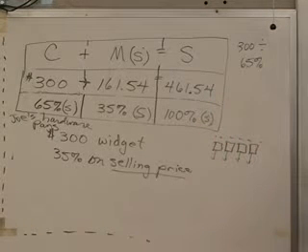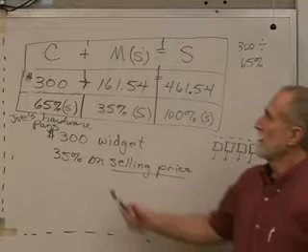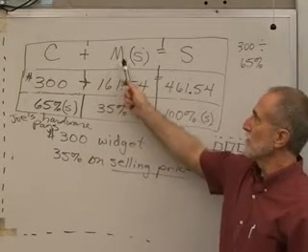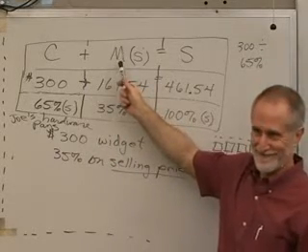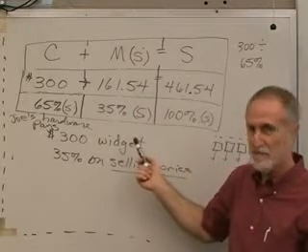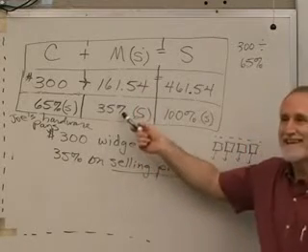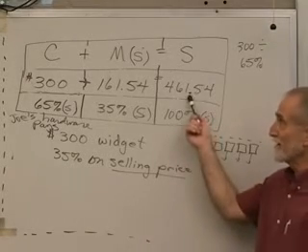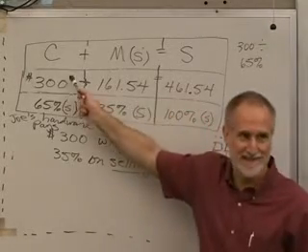The reason I don't like using the word markup when it's based on selling price is we didn't mark anything up 35%. We took the selling price and marked it down 35% to get our cost.